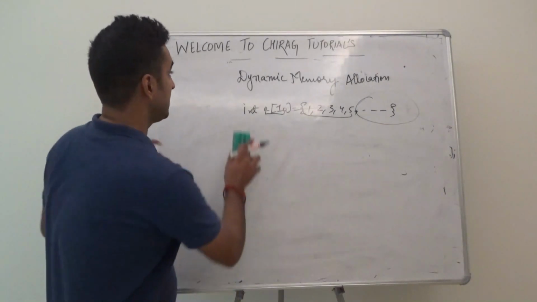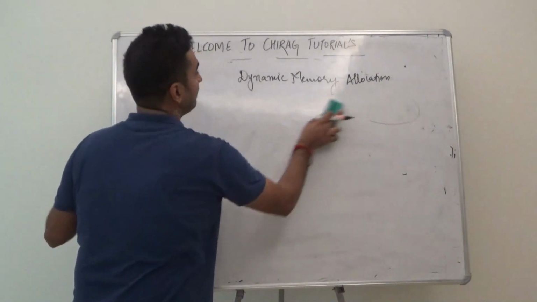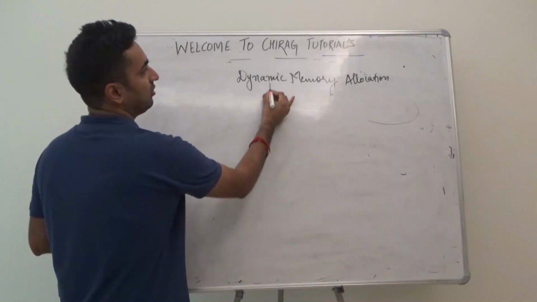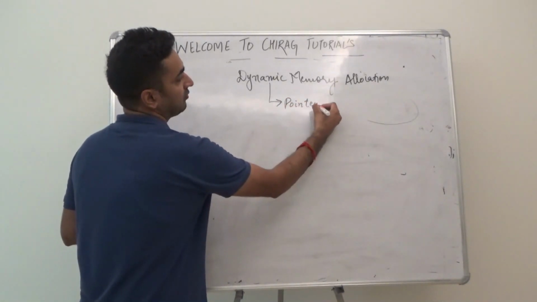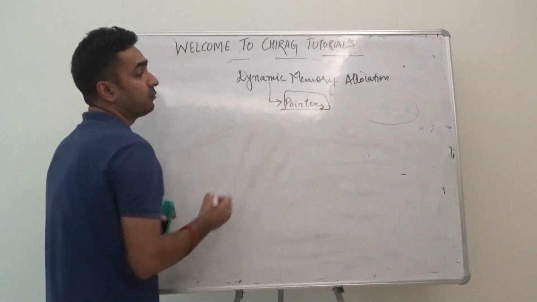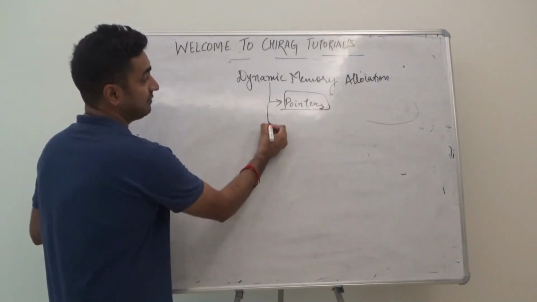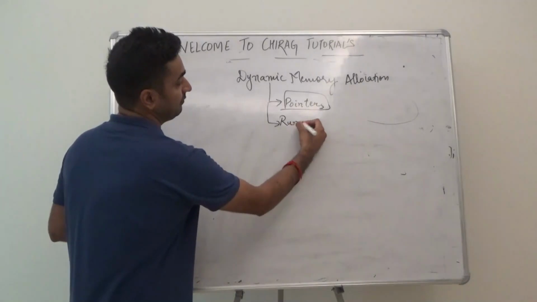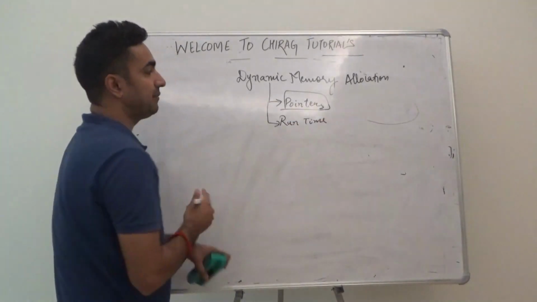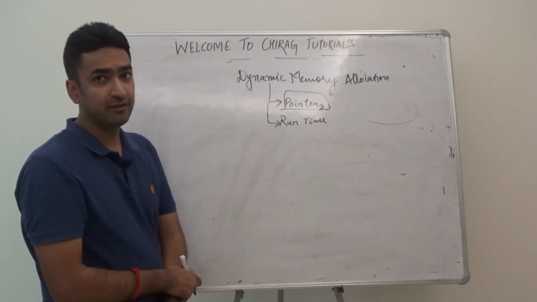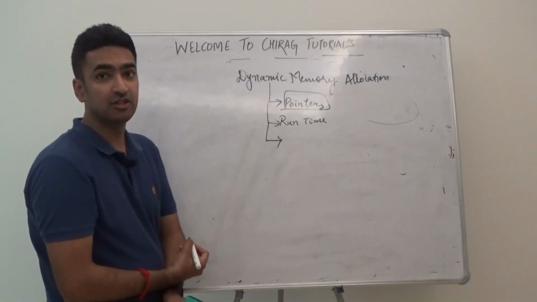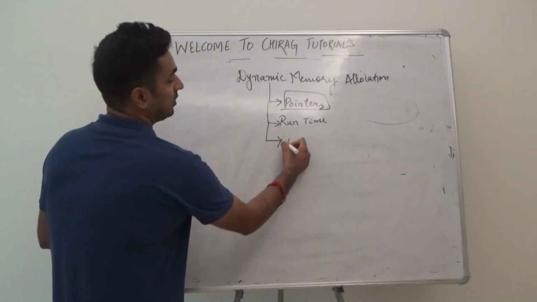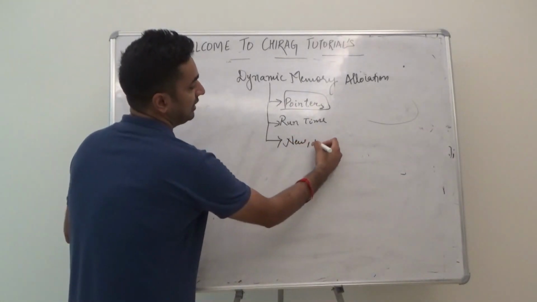So there comes the concept of dynamic memory allocation. Firstly, dynamic memory allocation is achievable using pointers only. So we have to use pointers. We will allocate the memory at runtime, and we are using certain operators, new and delete.